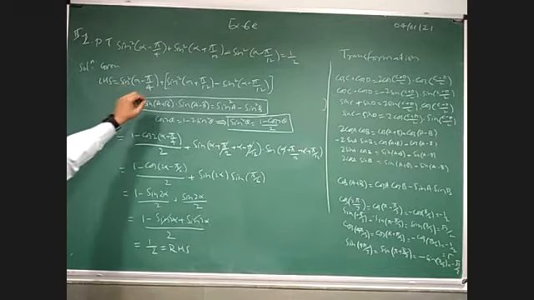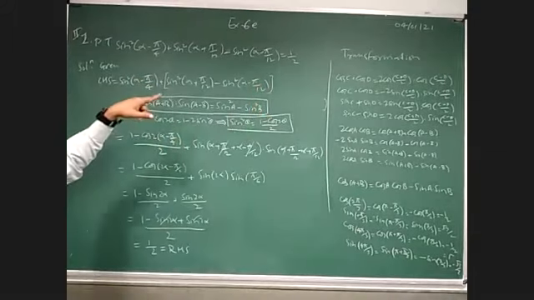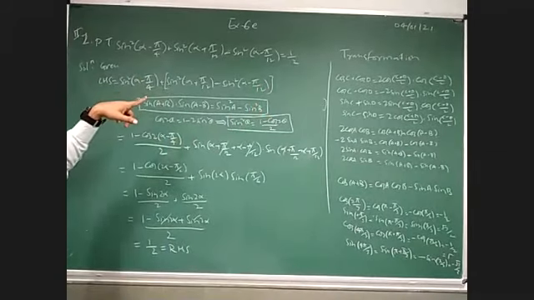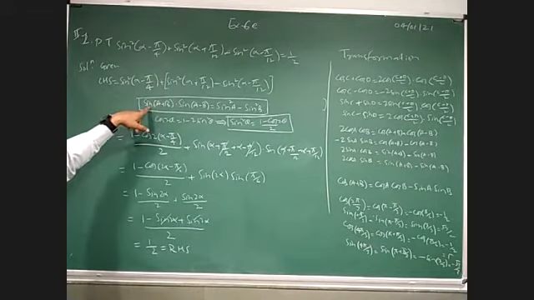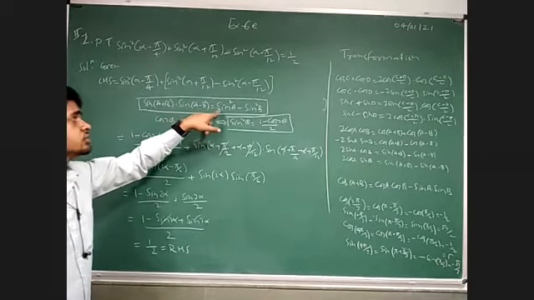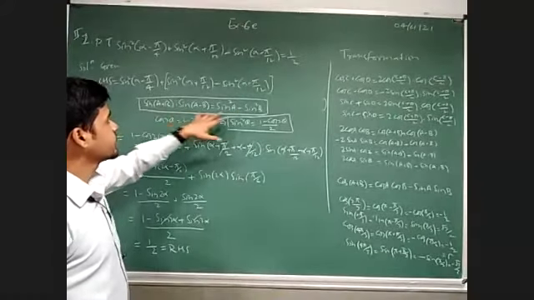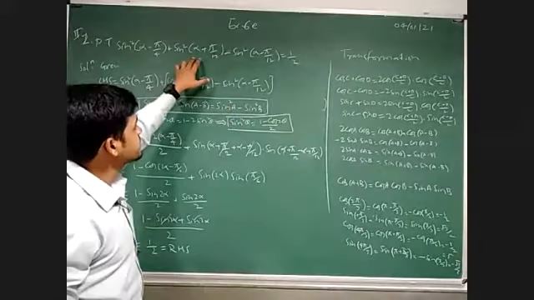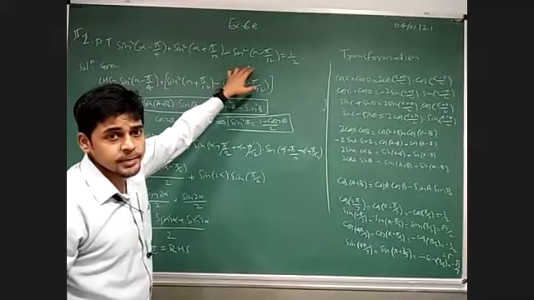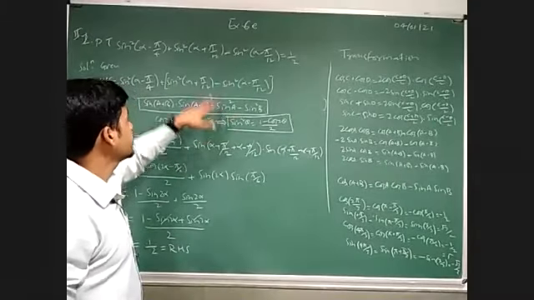Now I'm going to apply the formula we learned while solving exercise 6c or 6d: sine(a plus b) into sine(a minus b) is equal to sine square a minus sine square b. Here we have sine square a minus sine square b, so I'm going to use this formula.